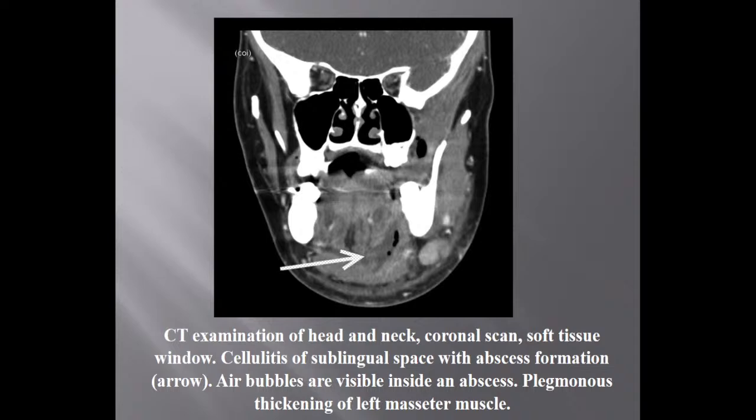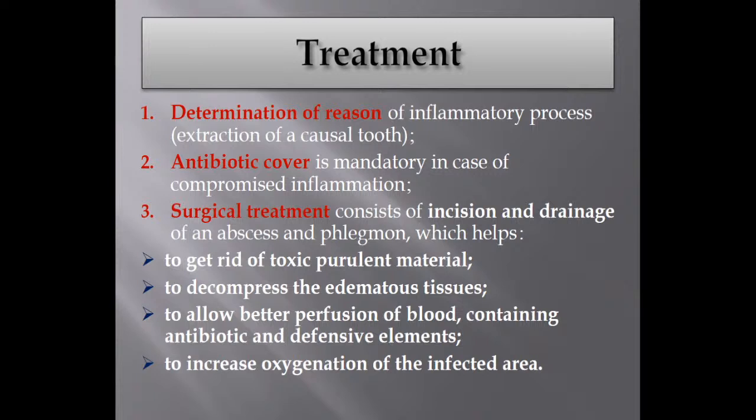It means that the cause of this abscess is anaerobic bacteria, and such types of abscess and phlegmons are quite different from those caused by aerobic bacteria. And I hope you know the differences between them. We don't stop on it.